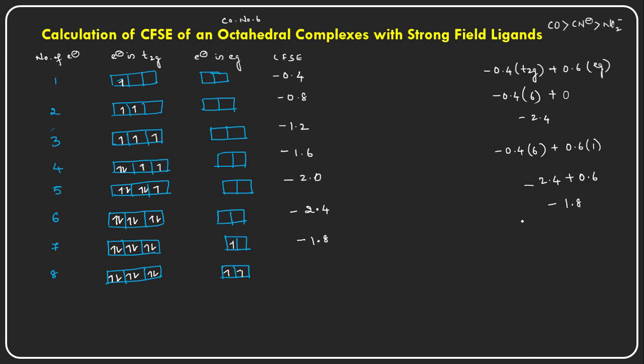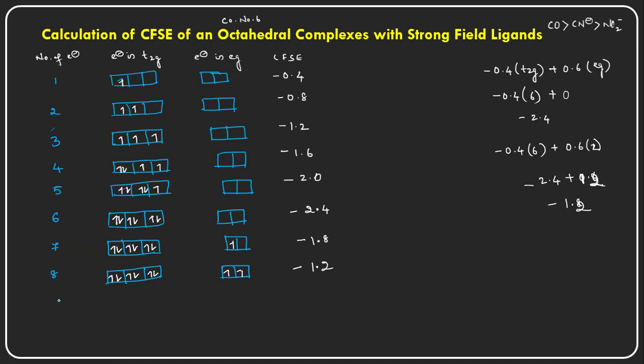So what will be the next one? Now it will become 2, right? So minus 2.4 and 0.6 into 2 will be 1.2, right? So this will become minus 1.2. Here the crystal field stabilization energy is minus 1.2.